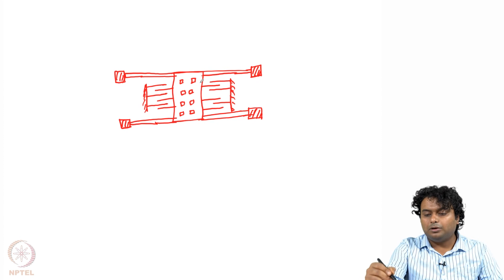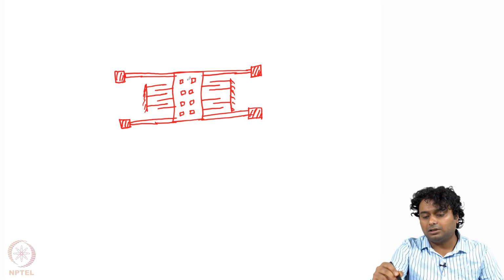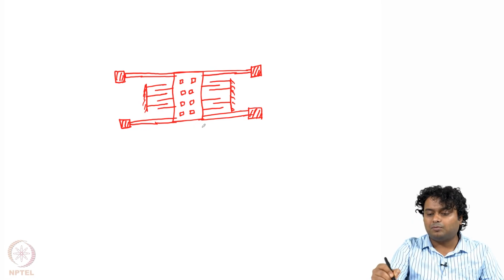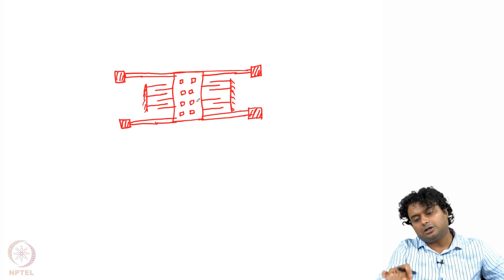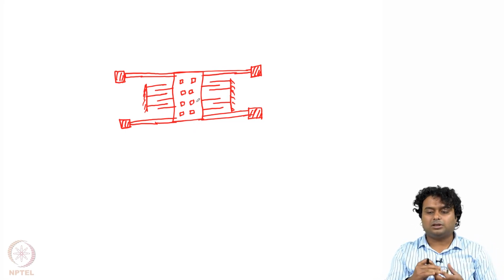Now we measure the capacitance between the fixed plates and the moving plates, or the proof mass. As some acceleration or force comes, let us say this sensor is put on this body.